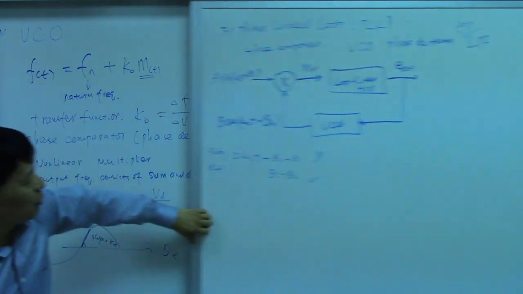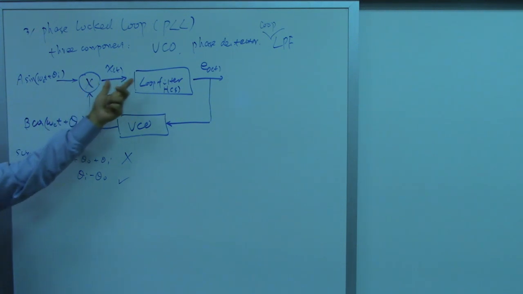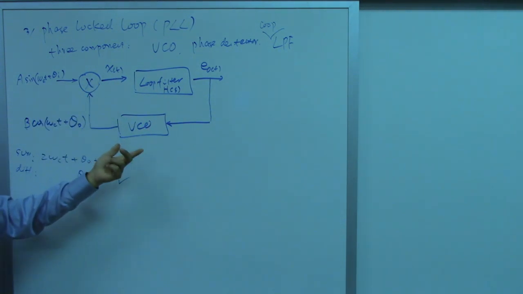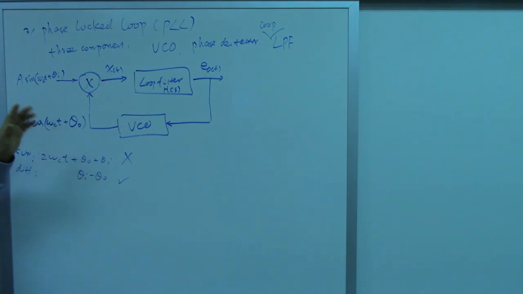A large change of frequency will bring this one closer to this, so this difference becomes smaller. In the next cycle, the change will be smaller. After several cycles, it's very fast, this phase will be very close to this, and the frequency will be the same.